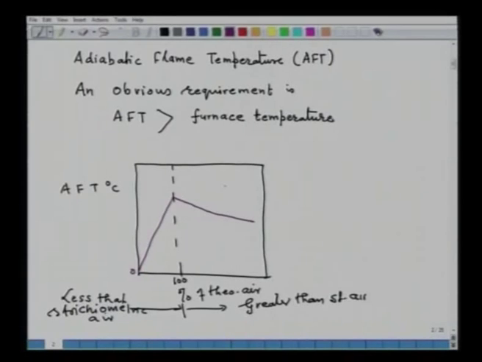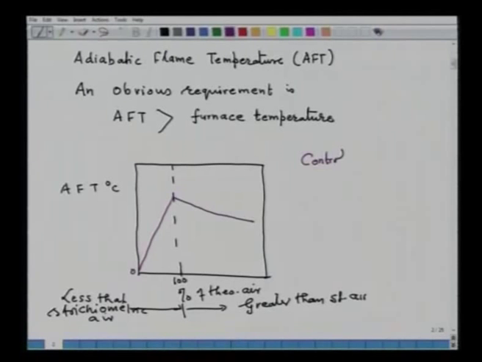One can calculate and show this. So what is important here from the utilization of fuel point of view? The control of excess air is important.